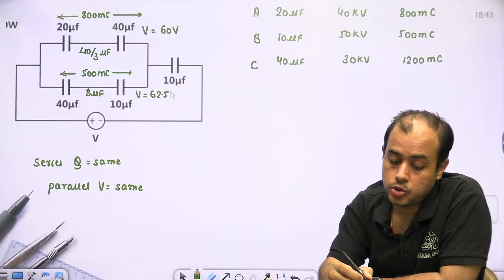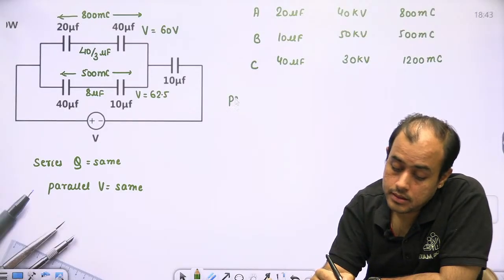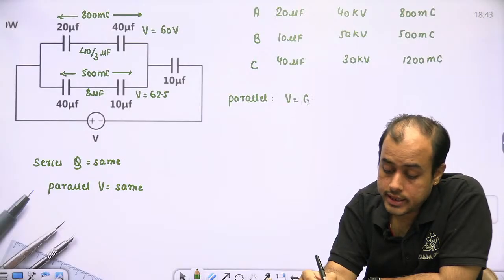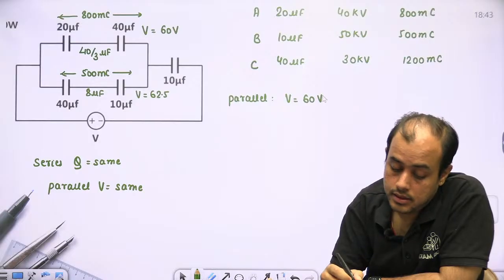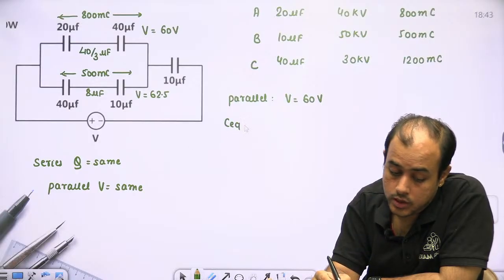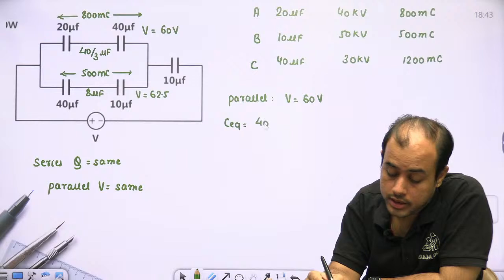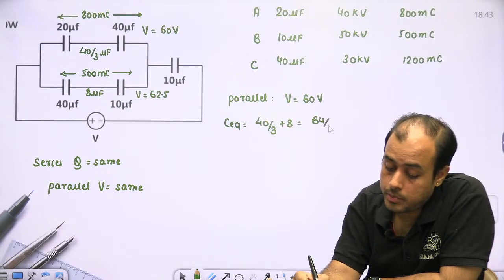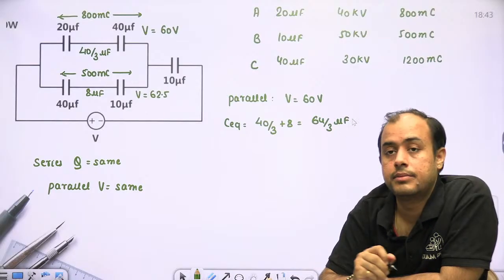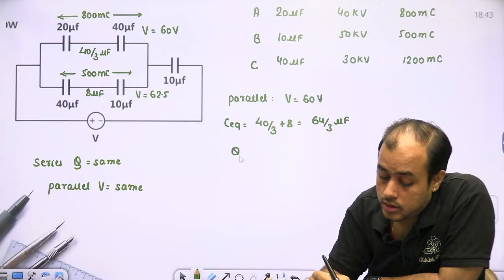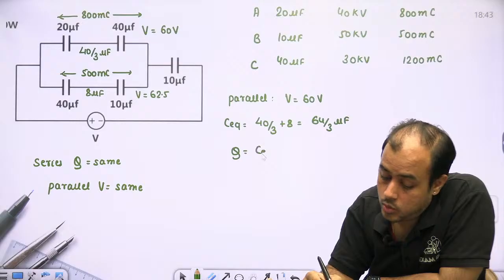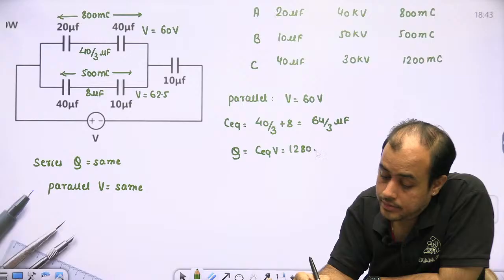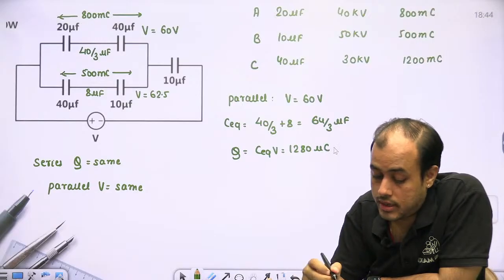Now which should I choose beta? I will take voltage equal to 60. Okay. And C equivalent will be 40 by 3 plus 8, 64 by 3 microfarad. Okay. So the charge will be C equivalent into V, 1280 microcoulomb. Okay.